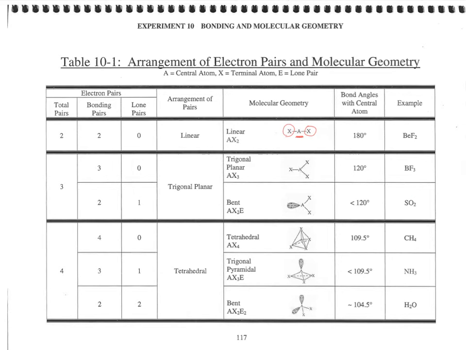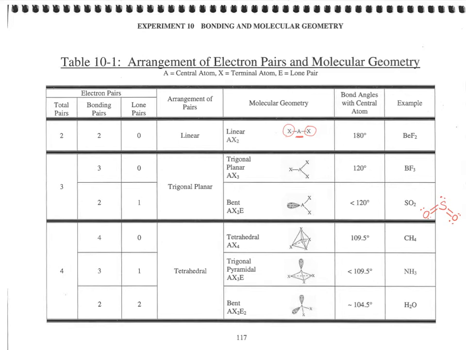Okay, and I also want to talk a little more about this. If you draw the Lewis structure of sulfur dioxide, you will find that sulfur has a lone pair, and it forms a double bond with each oxygen.